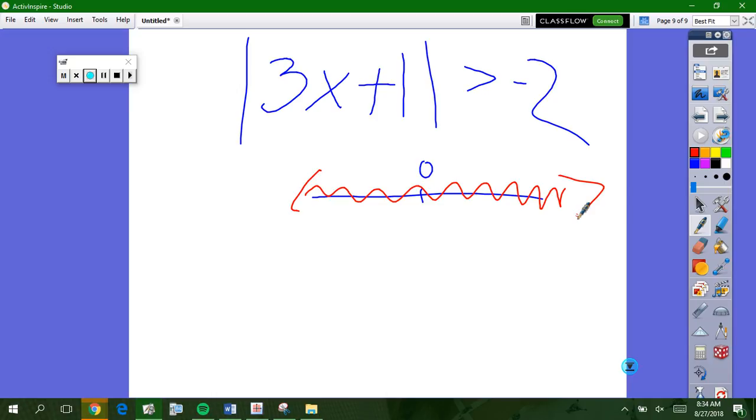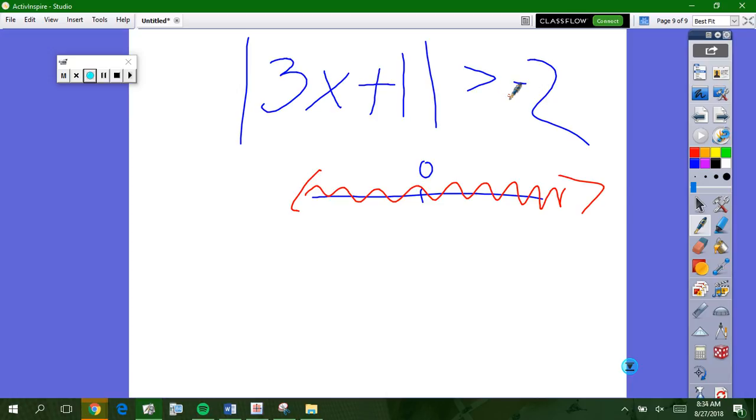Anything I can plug in here will always work. Yes, sir. Okay, so if it was equal to, that's a no solution, right? That's never going to happen. But because it was a greater than or equal to, any number I plug in there will always work.